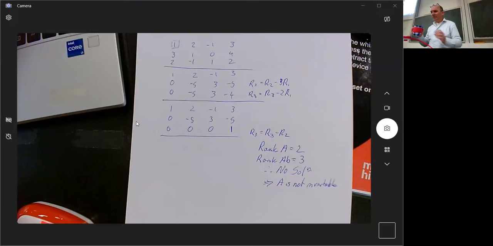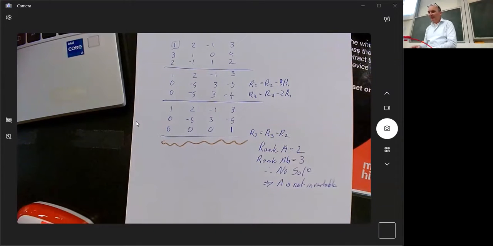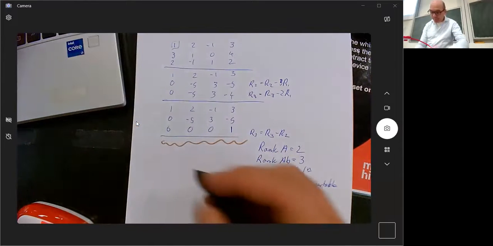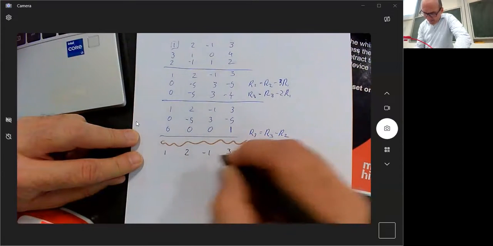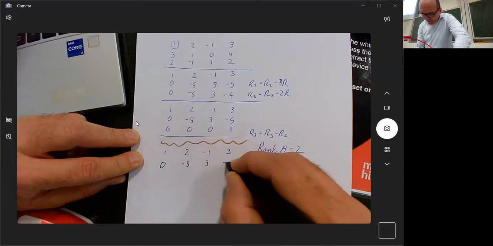Possibly what we'll do is change the system slightly. We are going to do some magic and just rewrite this system. Having got this far, let's pretend the rows are 1, 2, -1, 3, and then 0, -5, 3, -5.